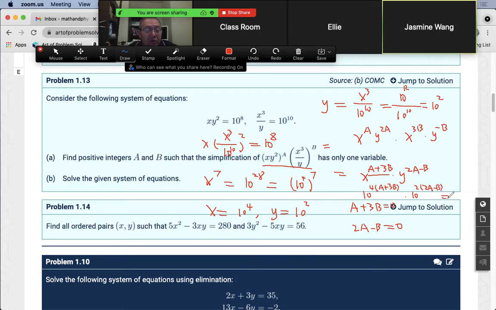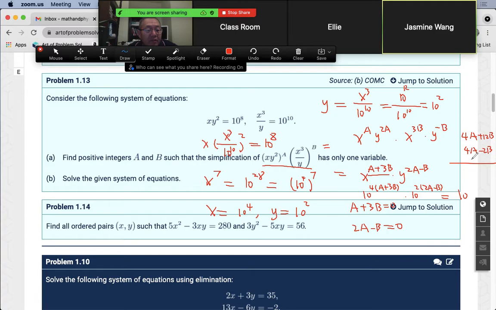So therefore, when we simplify, we can add these two together. The first one, that's 4a plus 12b. Second one, that's 4a minus 2b, right?